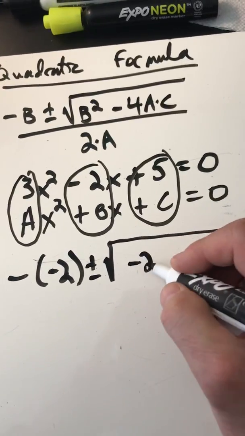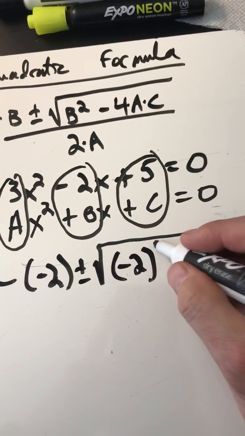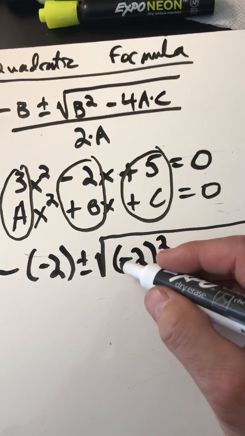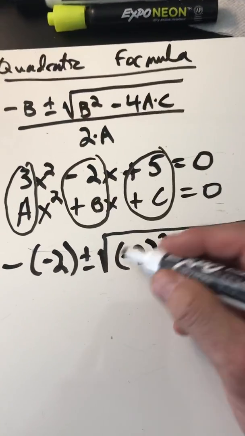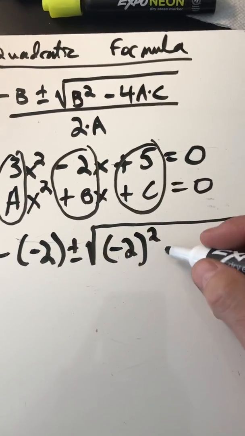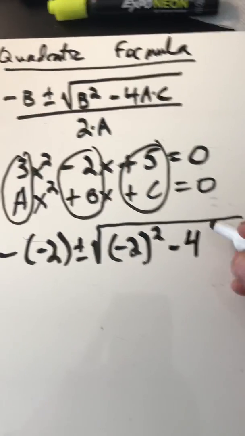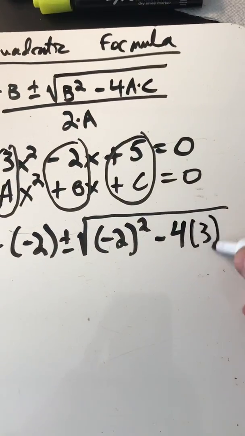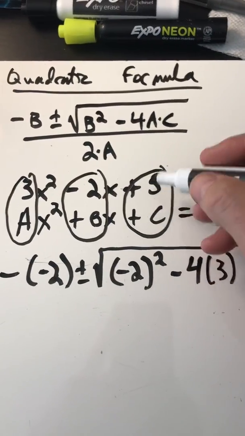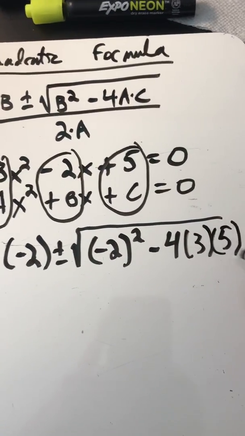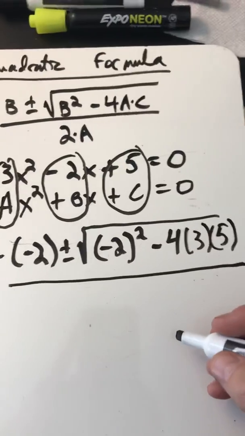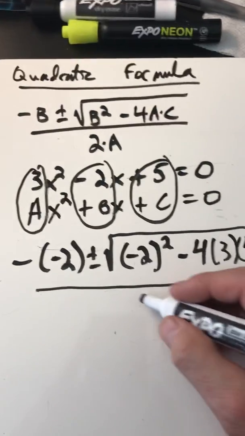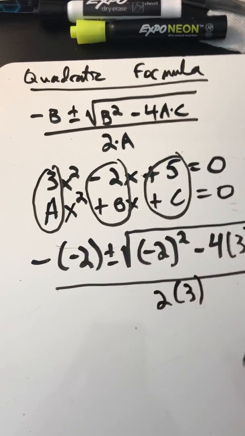Well, that's negative 2 in parentheses squared. The negative is squared as well, so this will end up being a positive number. Minus 4 times a, which is 3, times c, which is 5, all over 2 times a. Well, that's 2 times 3.